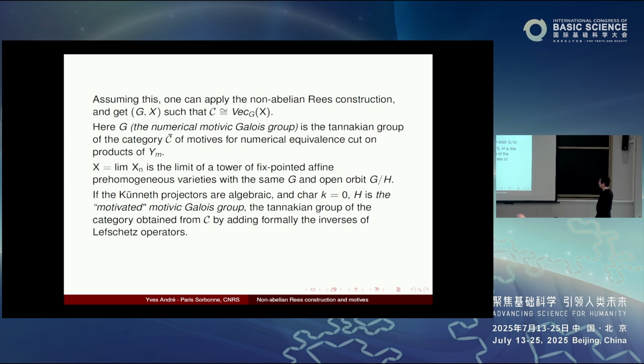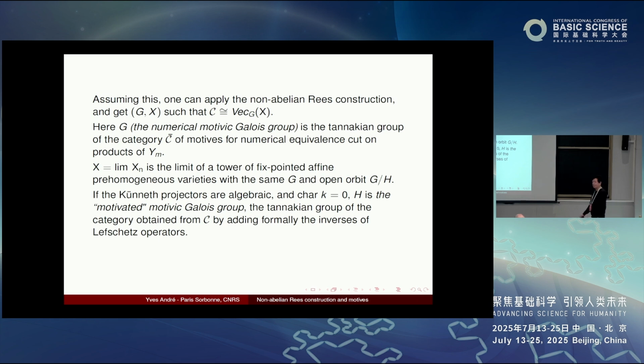This is the Tannakian group of the category C bar of motives for numerical equivalence cut out by products of these varieties Y_n. And what is X? This mysterious X is provided by the O'Sullivan construction. This is a limit, because we maybe don't have condition P3, a limit of X_n, a tower of fixed-pointed affine pre-homogeneous varieties with the same G and the same open orbit G over H.